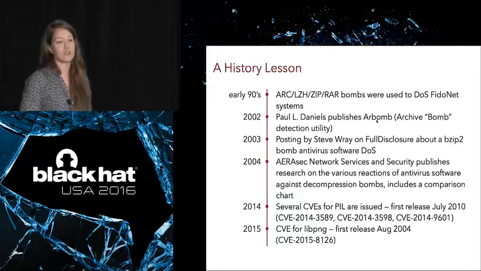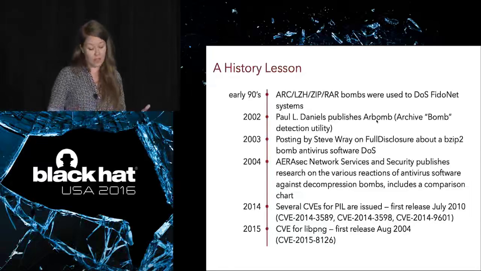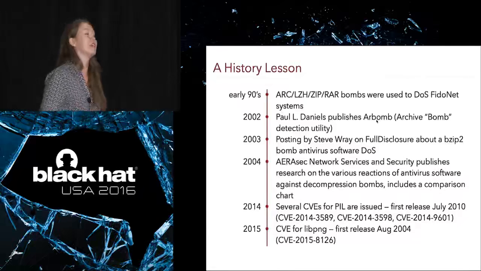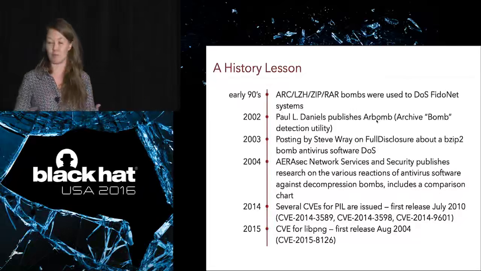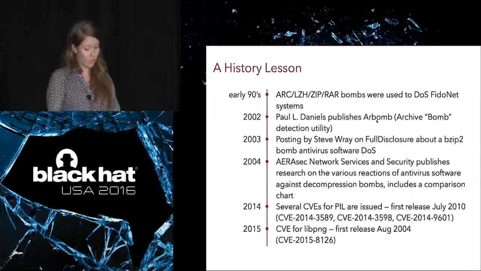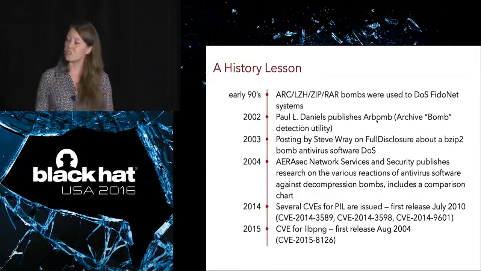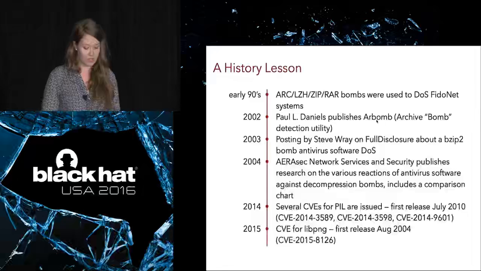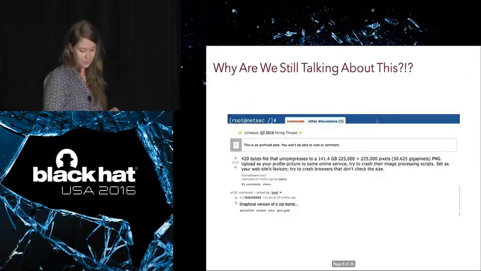Decompression bombs have been around since pretty much the onset of the internet. We have been seeing these for quite some time. But unfortunately, I still encounter them on a regular basis with web applications in my testing. And we also see major libraries that deal with data compression being issued CVEs. So libpng, just as one example, was issued a CVE for this exact vulnerability just last year.